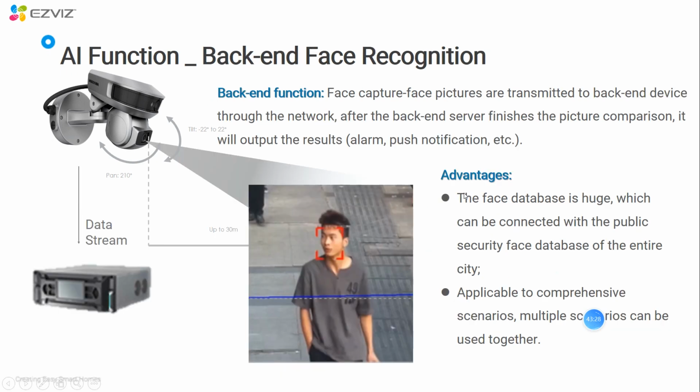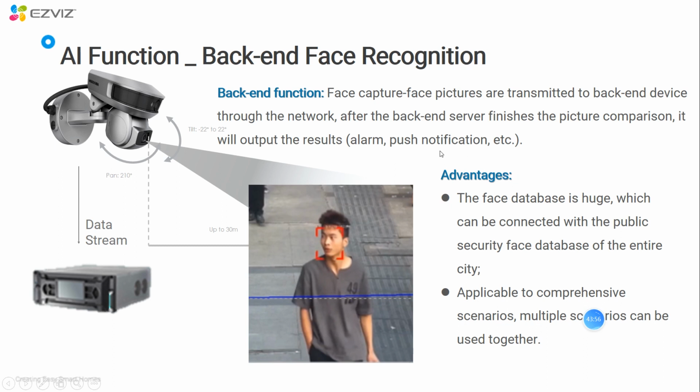And the other face recognition is back-end face recognition. The captured face pictures are transmitted to the backend device through the network. After the backend server finishes the picture comparison, it will output the result, such as alarm and push notification.